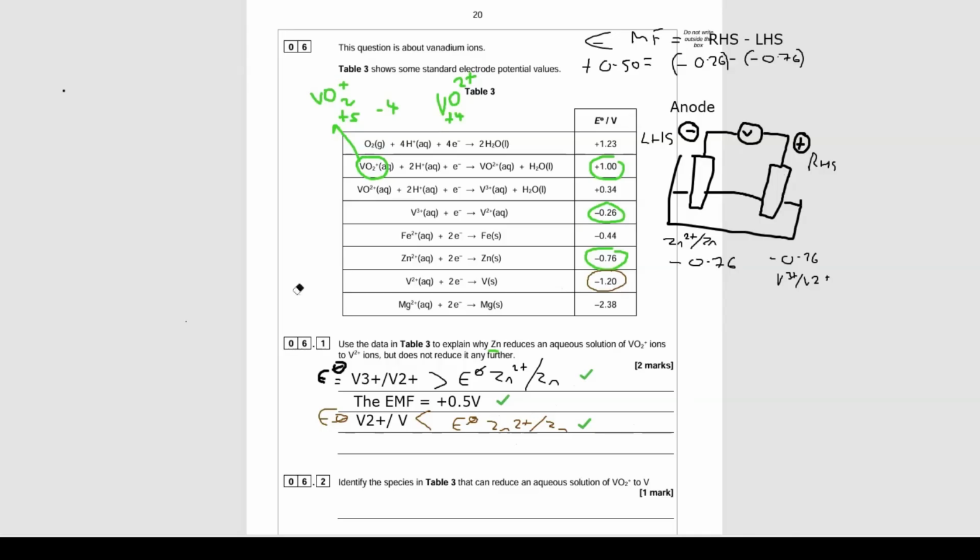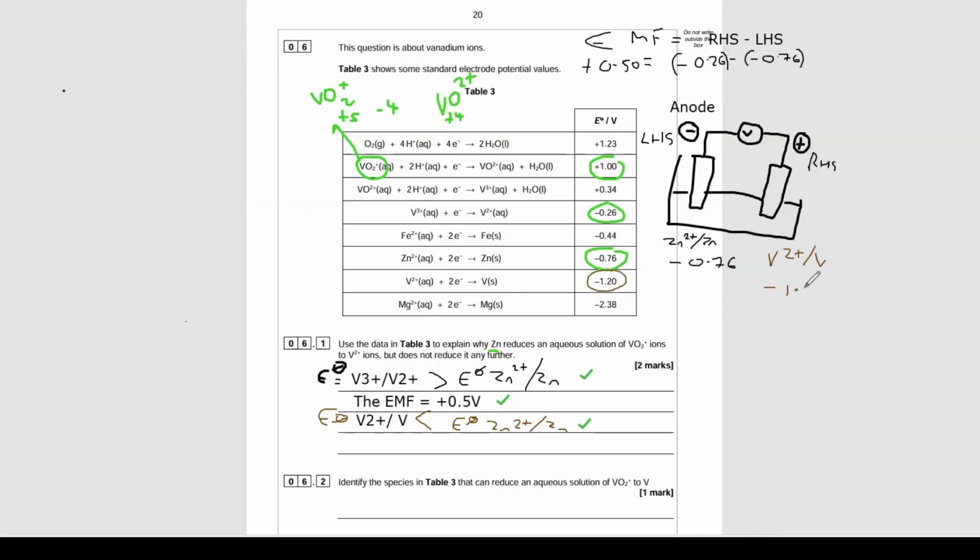What we do in this situation is say, okay, if this can be the reducing agent and be oxidized and pass electrons to the right-hand side, let's test that theory out. Let's replace the electrode we have with the V2+/V. The V2+/V over here is minus 1.20.